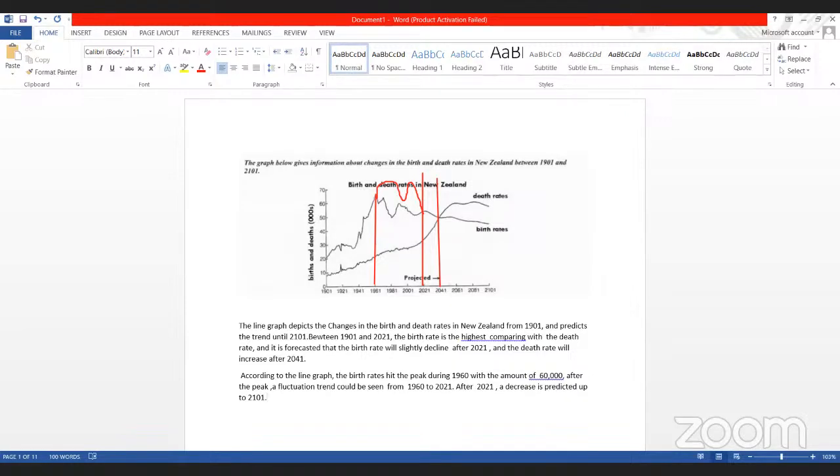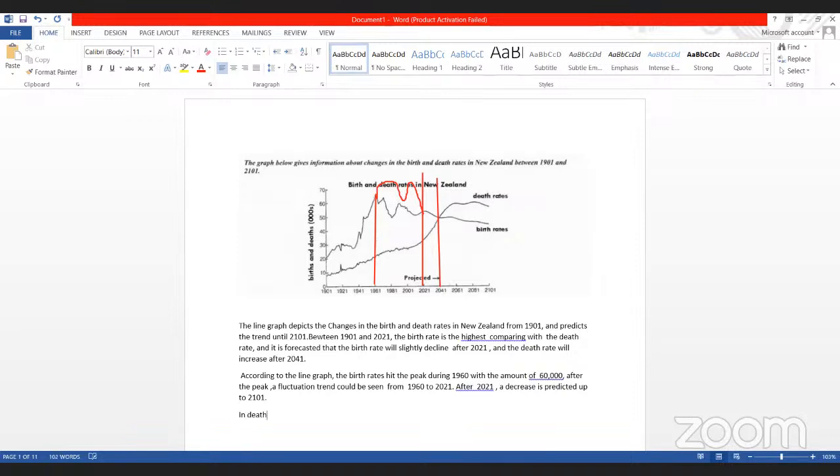So you are done with the birth rates. Sorry, previous was birth rates. Now you are coming to the death rates. So you can see contrasting information in deaths.